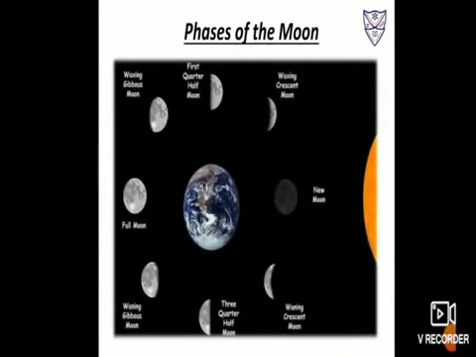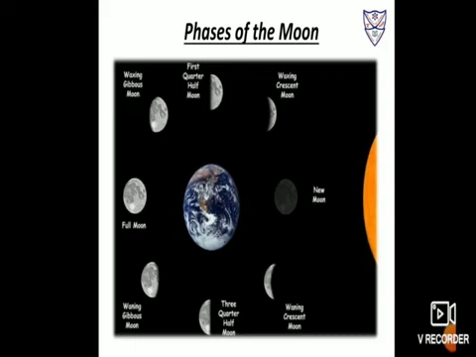Now students, let us understand this in detail. First is new moon. In the image you can see the new moon. Here when the Moon is in between the Earth and the Sun, the side of the Moon lit by the Sun is away from the Earth, and the side of the Moon which is towards the Earth is dark.